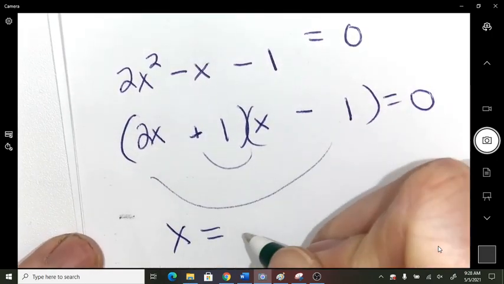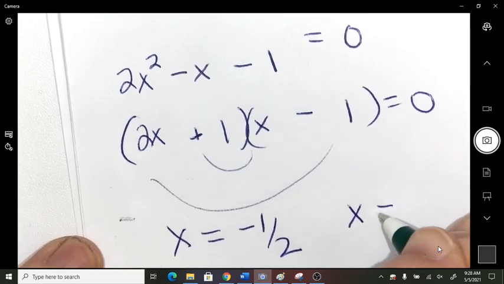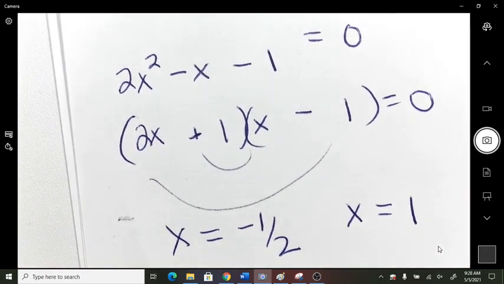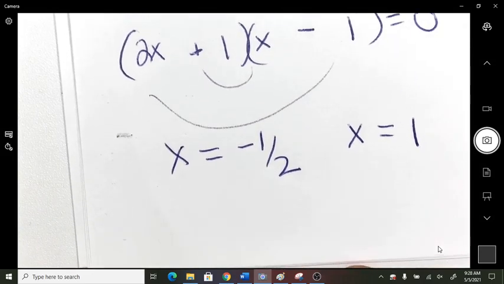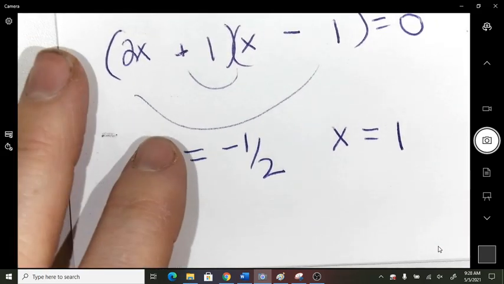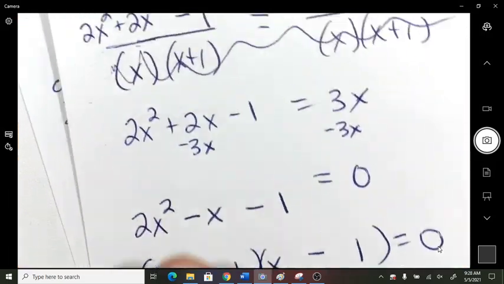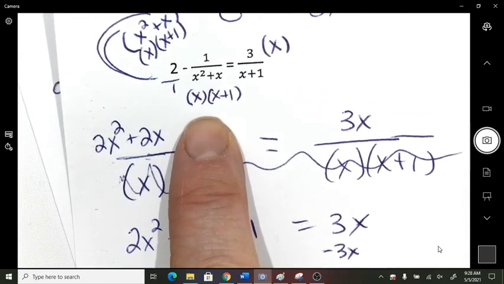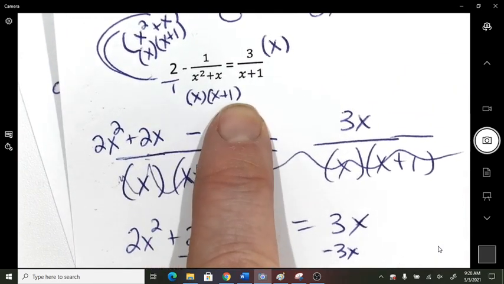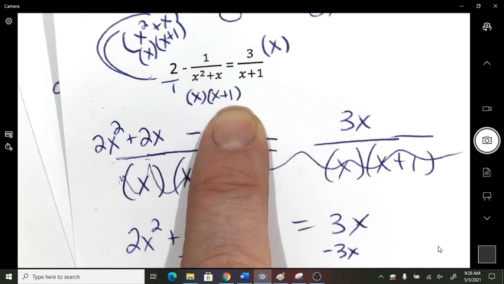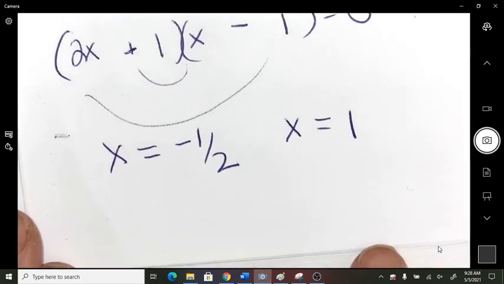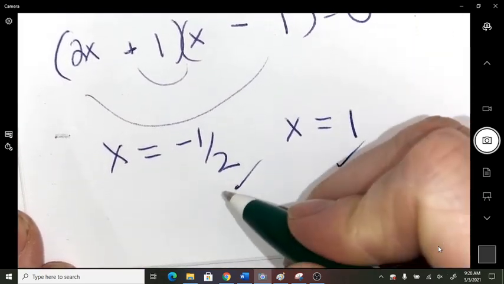So your solution is negative a half or positive 1. Okay, what are the values I'm not allowed to have in the bottom? 0 and negative 1. I'm not allowed to have a 0 or a negative 1, so I'm okay.